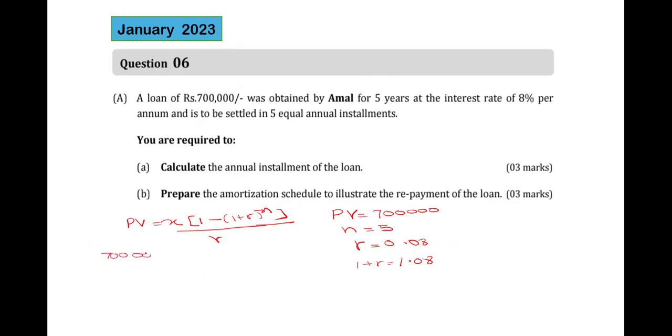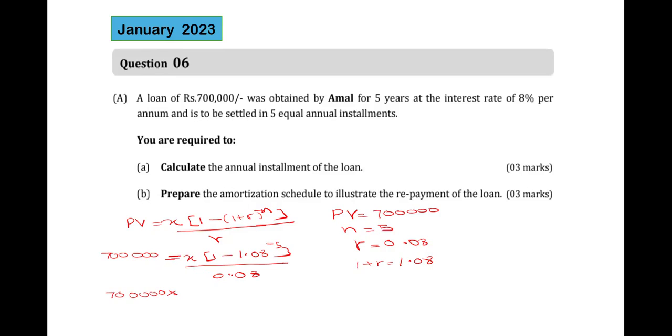Then here 700,000 equals x times 1 minus 1.08 to the power minus 5. Now, it is like the earlier one, same procedure. 700,000 will go to the left hand side.